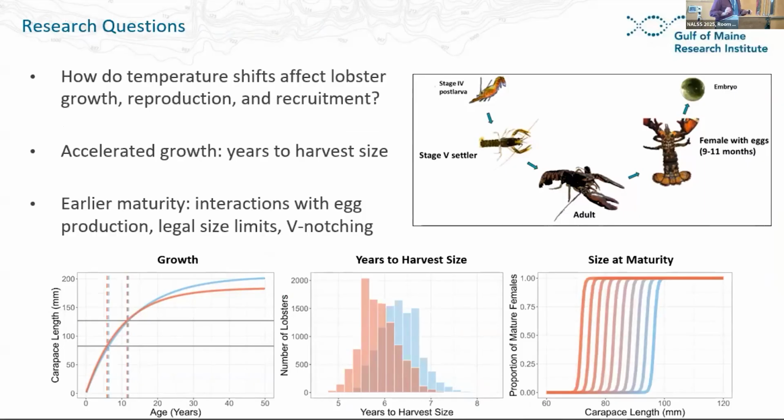This is just an indicator that cooler temperatures, in blue, would lead to the blue outcomes, whereas warmer temperatures, in red, will lead to alternative outcomes. So we think of more accelerated growth, fewer years to harvest size, and a smaller size at maturity. Thank you.